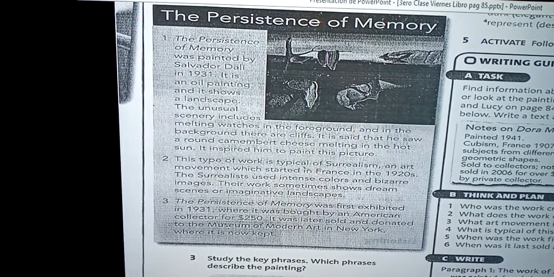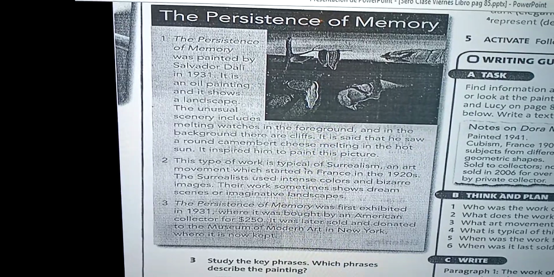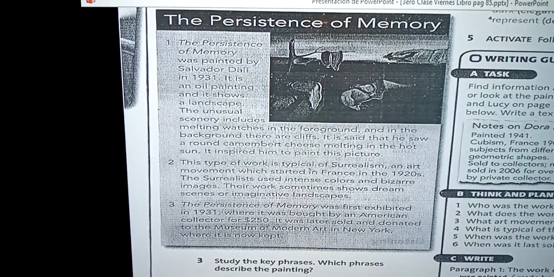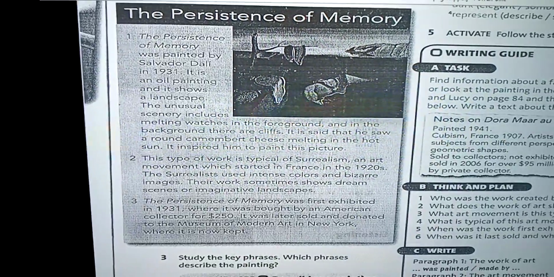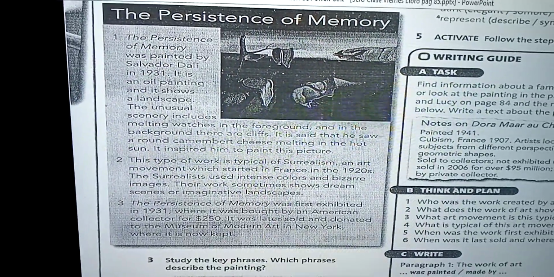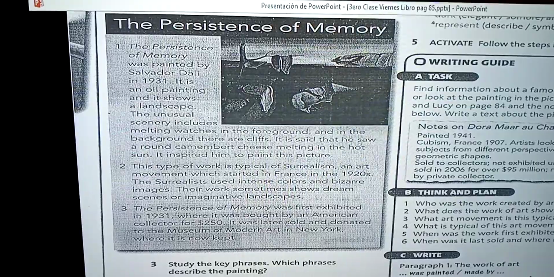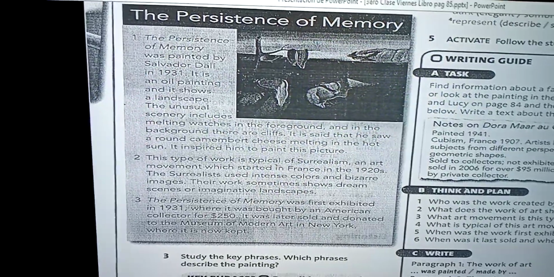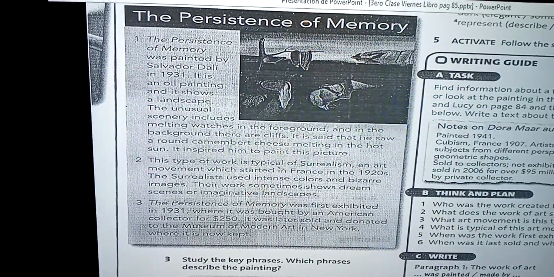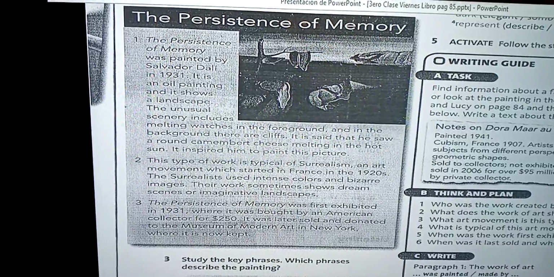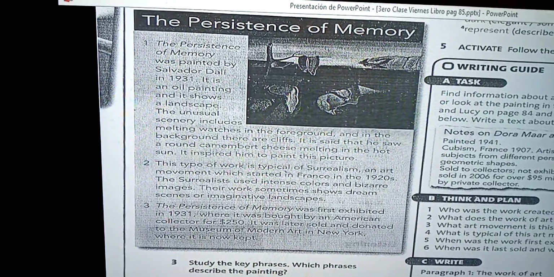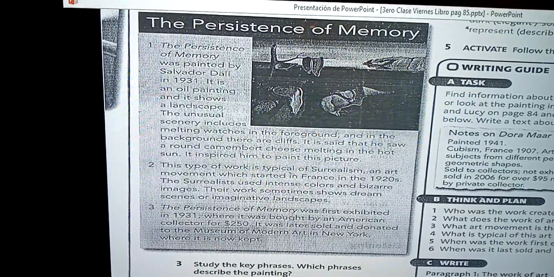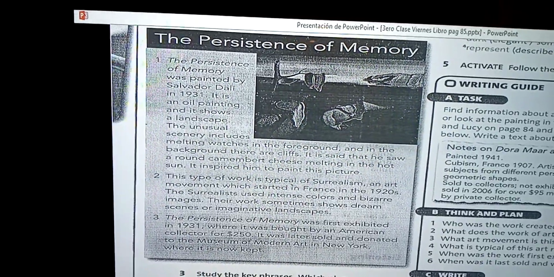It included a watch in the foreground, and in the background there are cliffs. It is said that he saw camembert cheese melting in the hot sun. It inspired him to paint this picture.